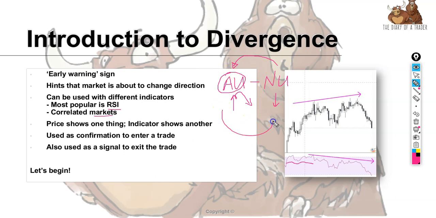And the same is true in the reverse. So if you want to see the correlated pairs, you can have a look online and check them out, and then make a note of that for your reference. So in this basic example, it's Australian dollar and New Zealand dollar.